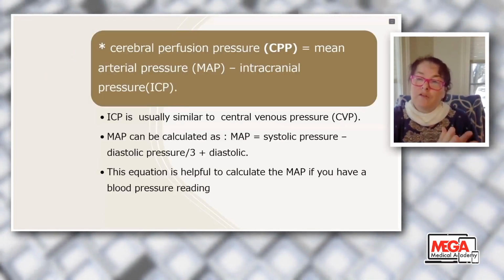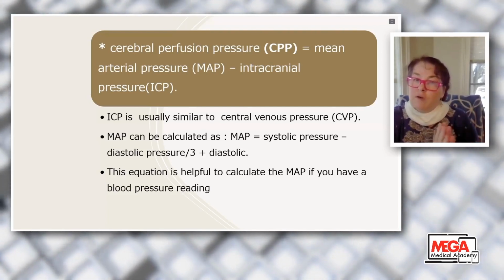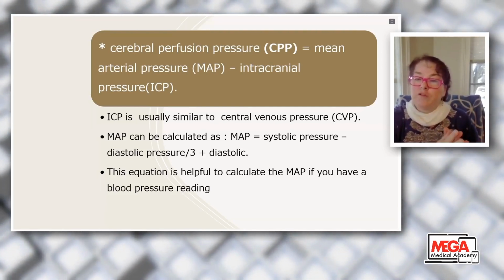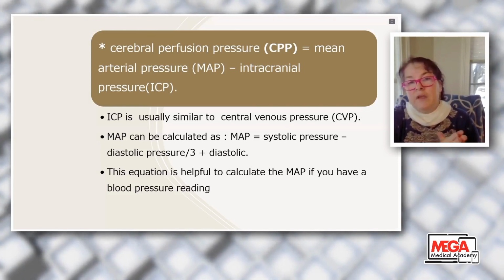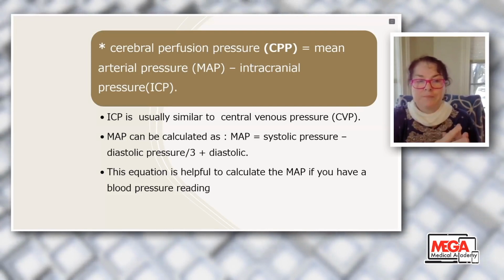Now, as you get blood to the brain, there's something else you have to remember, which is your cerebral perfusion pressure. We have to keep a certain pressure in the brain so the brain tissue gets oxygen.